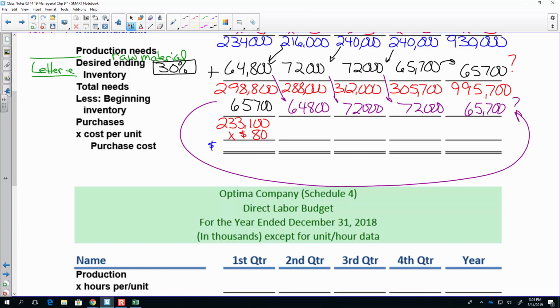So my total cost of purchases, $18,648,000. And then we would just complete the rest, right? So 288. 232. 223. $200.